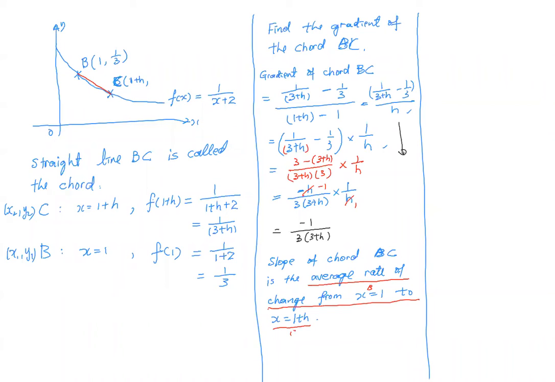Are you okay? So what is the meaning of the slope of a chord? It is the average rate of change from x equal to whatever value you are talking about to another value you are talking about.